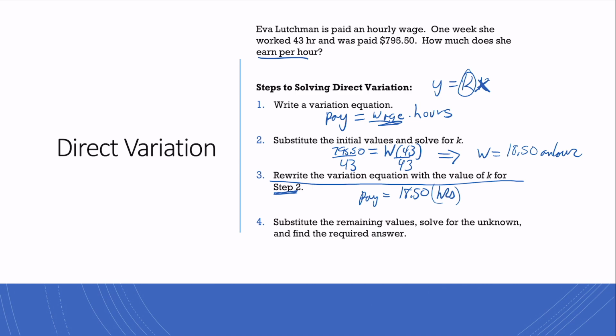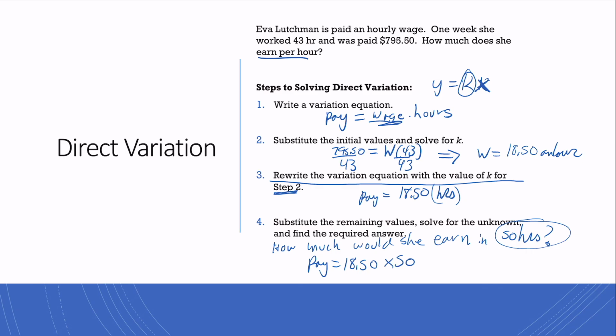Now, luckily for us, this one didn't have an unknown, but sometimes it could say, how much would she earn in 50 hours? And for that, then I would substitute 50 back in. So the pay would be 18.50 times 50, because that's the number of hours.